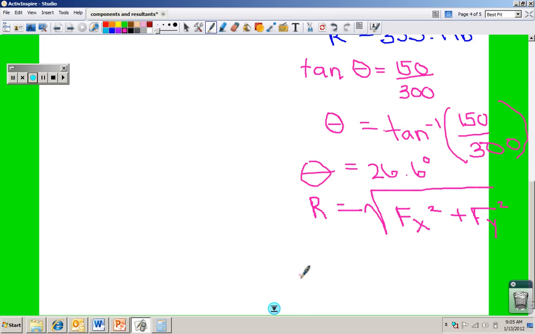And the theta is going to be equal to the inverse tangent, or the arctan, of, and we said it was the opposite, so that's the y, so that's your Fy divided by Fx.